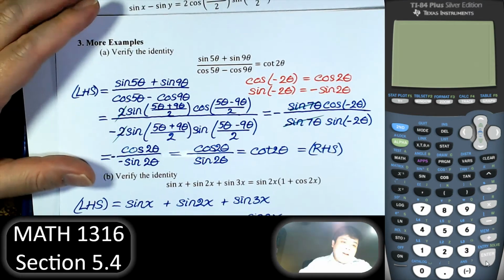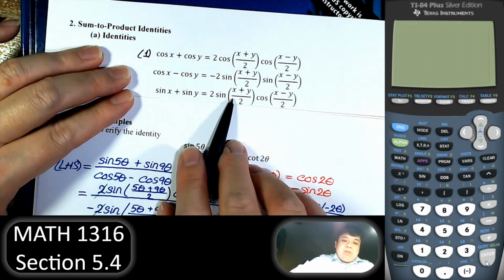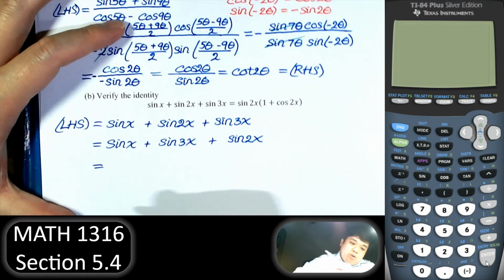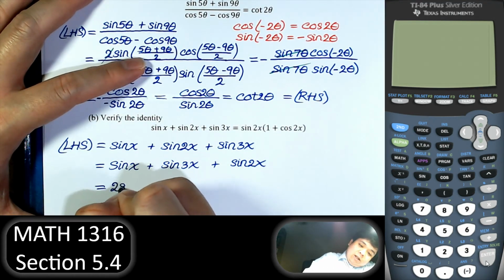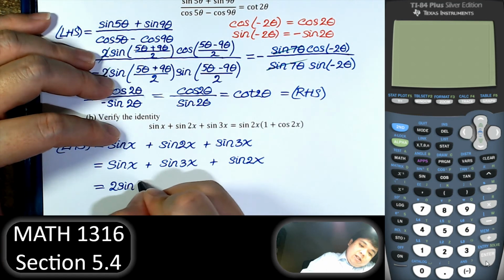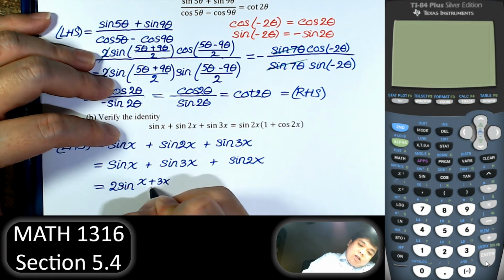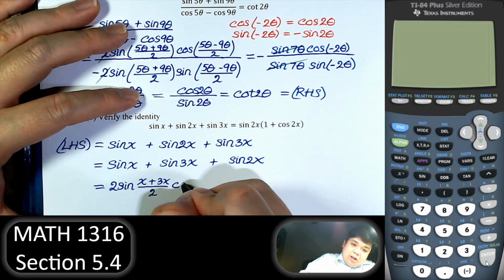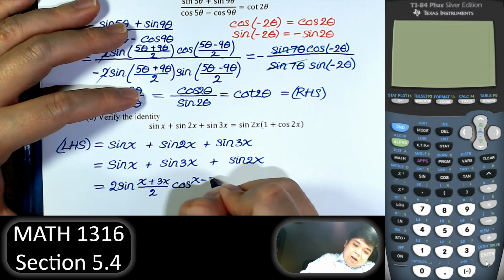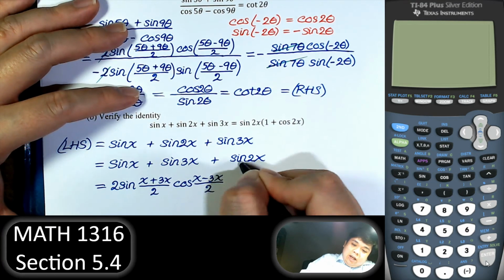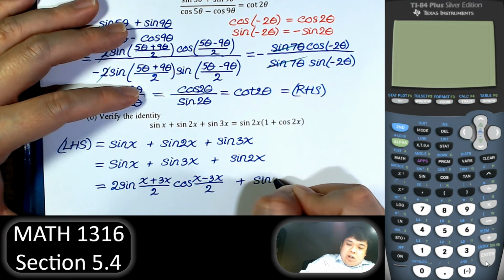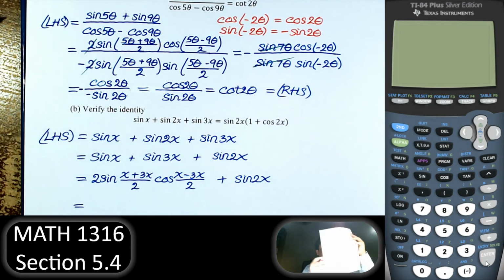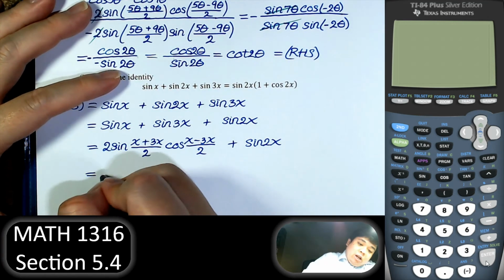So what is a sine plus a sine? A sine plus a sine is 2 times sine of x plus y divided by 2 and then cosine of x minus y divided by 2. So we have 2 times sine of x plus 3x divided by 2, and then cosine of x minus 3x divided by 2, and we still have the sine of 2x untouched. X plus 3x is 4x divided by 2, so that will be 2x.